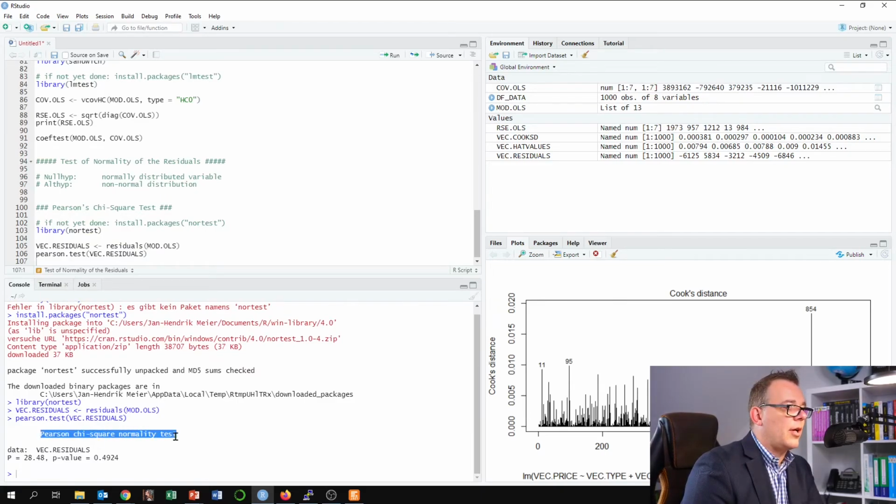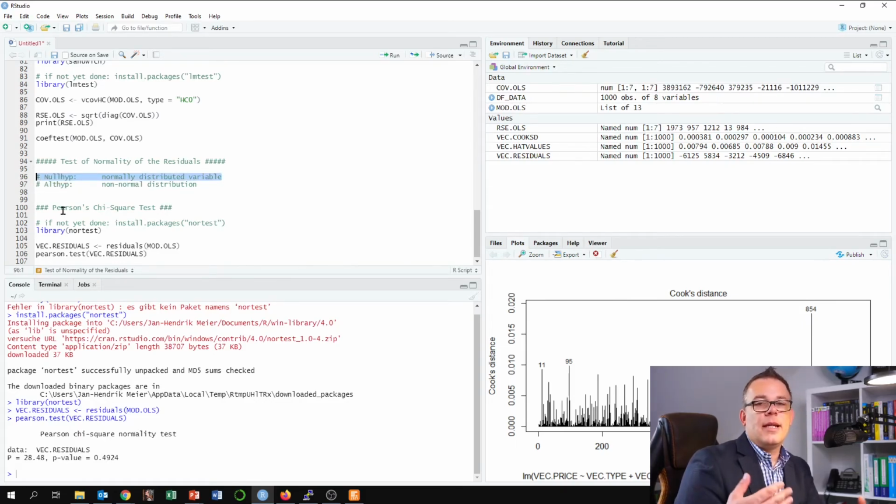Pearson chi-square normality test, and the p-value here is 0.49, which means that we still stick with our null hypothesis. It is normally distributed. If we would now go under one of our thresholds, like 0.05, like 5% significance level, then of course we would support our alternative hypothesis and reject null.